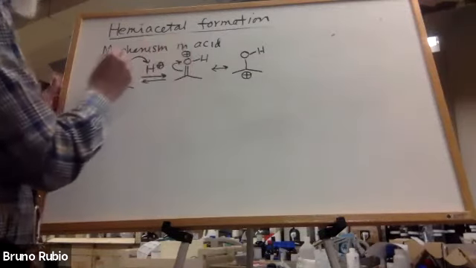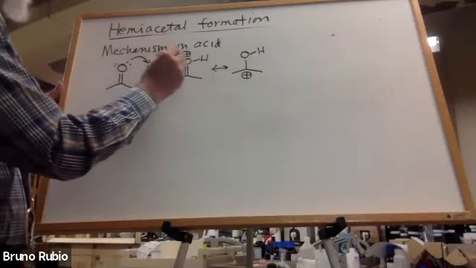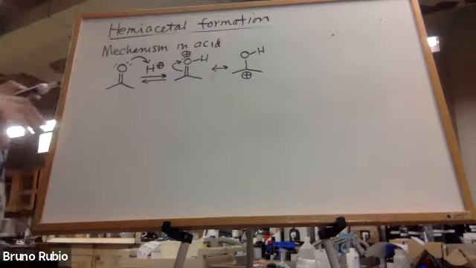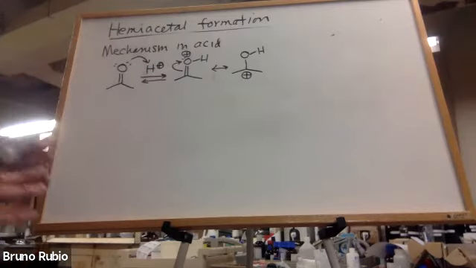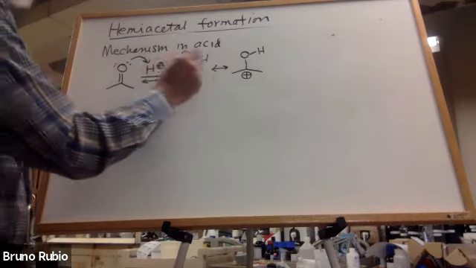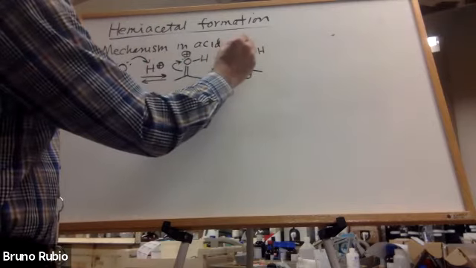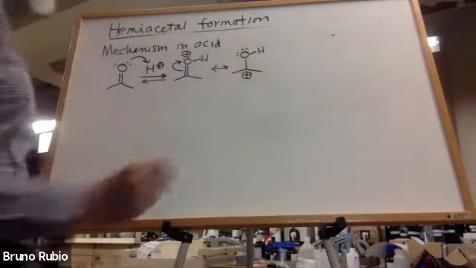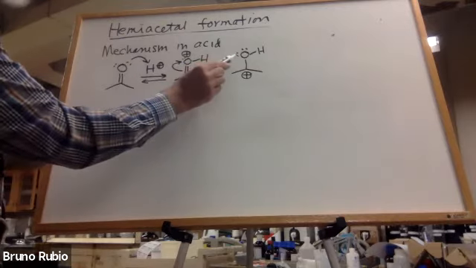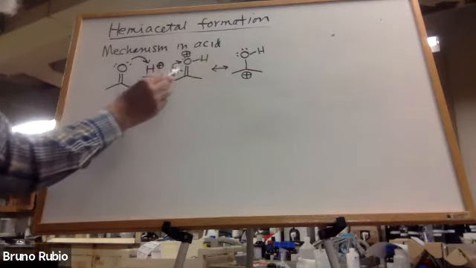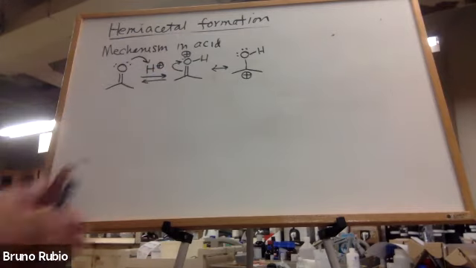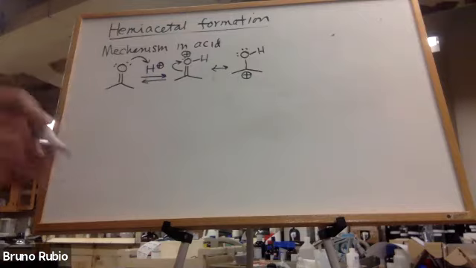This oxygen atom started life with 2 electron pairs. At this stage, it has 1 electron pair because it used 1 electron pair to snag the proton from the solution. And now when I do this resonance move, that oxygen is back to having 2 unshared pairs of electrons, and it's neutral. Where did this extra unshared pair of electrons come from? That came from this carbon-oxygen double bond that oxygen is withdrawing because it's so darn electronegative.